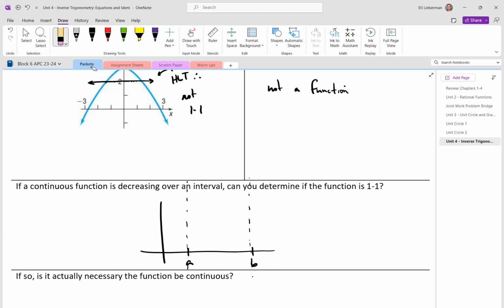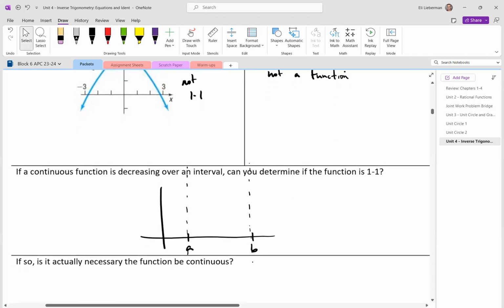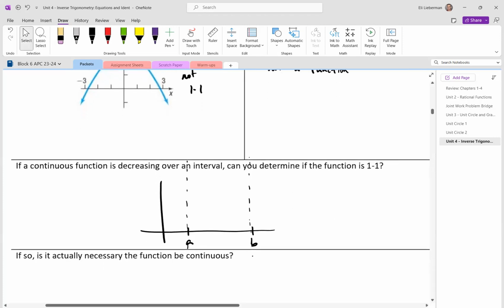Is it always that, or is there an exception? Is it this other rule that I'm not thinking about? A counterexample, an example outside of the words that are given. So I agreed we had to tighten up the words on this. That's why I tried to limit it, change it to interval. But if it's decreasing on an interval, it's one-to-one at least on that interval for sure.